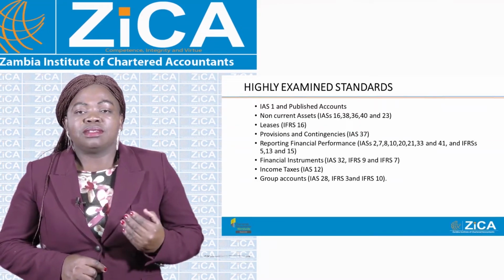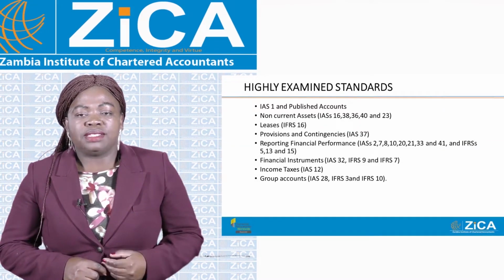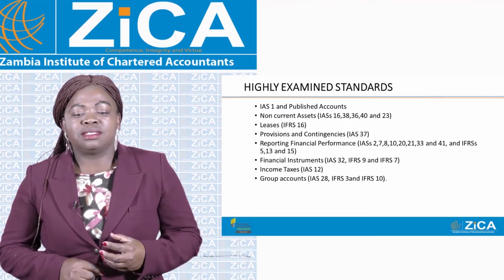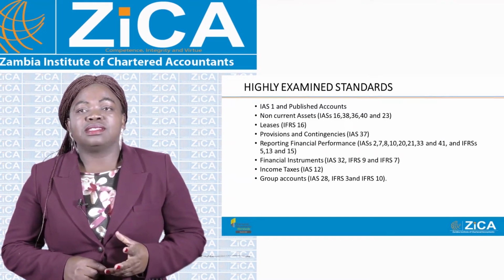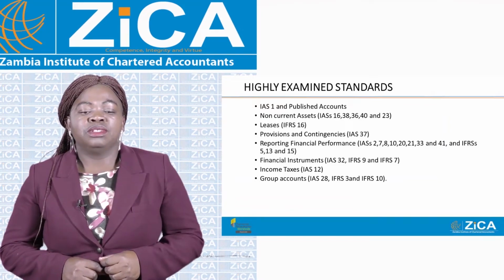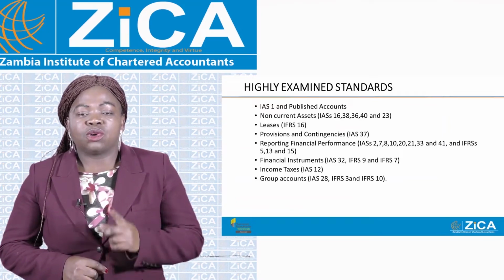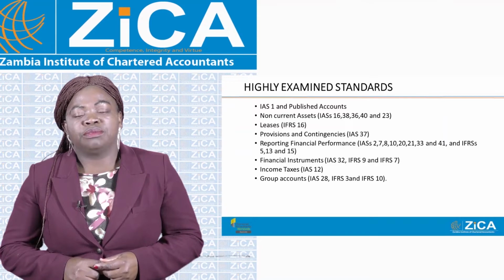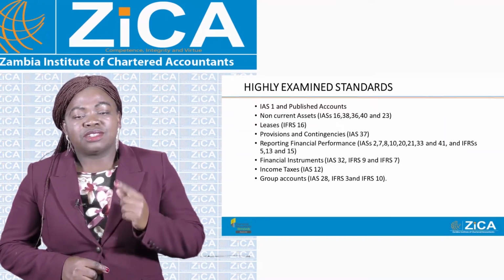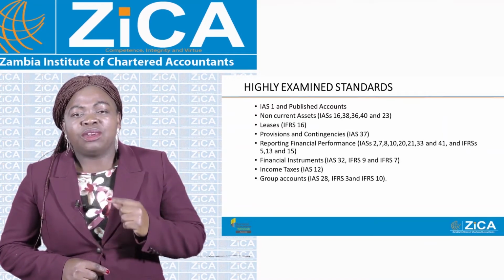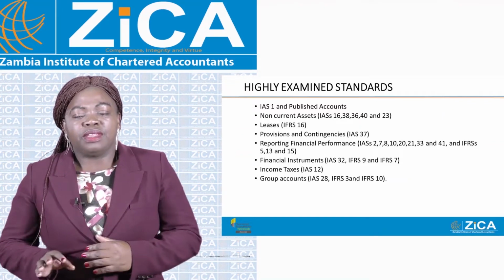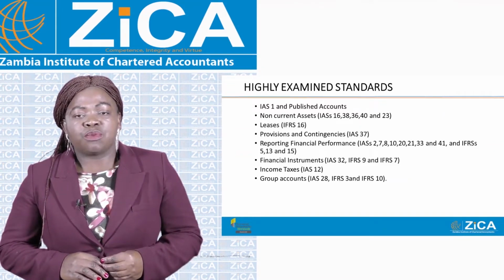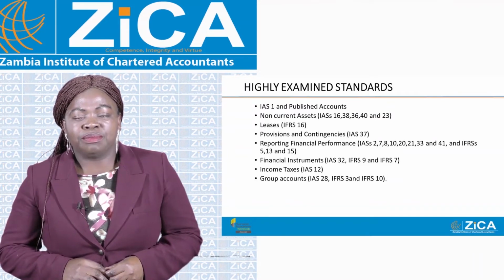Just in the 2019 June exam, you had IAS 23, IAS 40, IAS 16 within one question. So out of all the non-current assets, only one did not feature. So the non-current asset related standards are not an area that you should leave out in your quest to prepare for this exam.